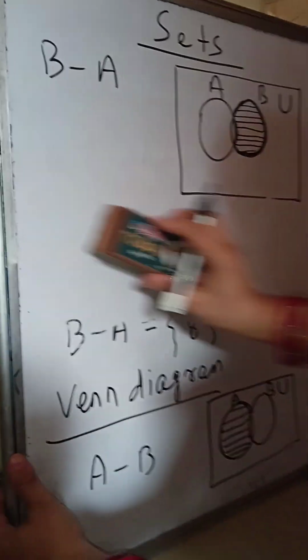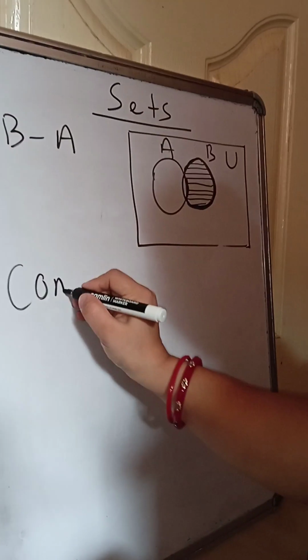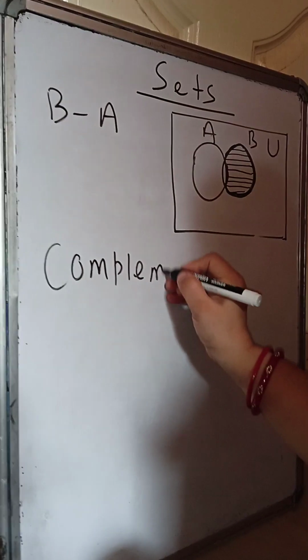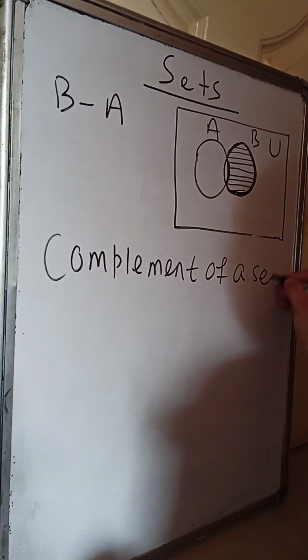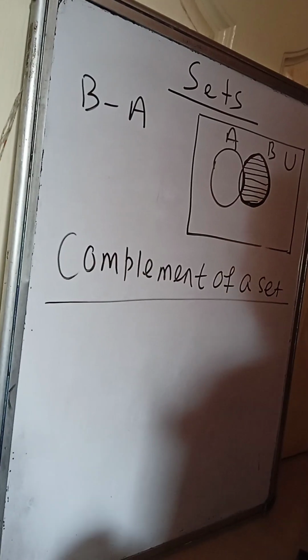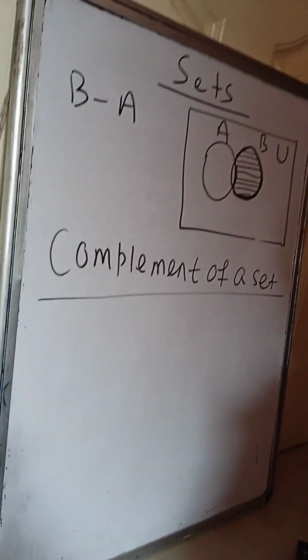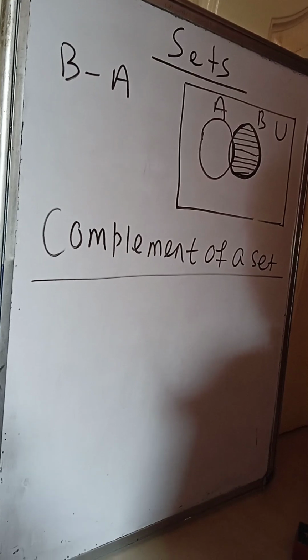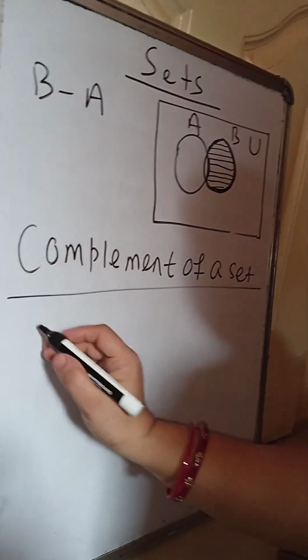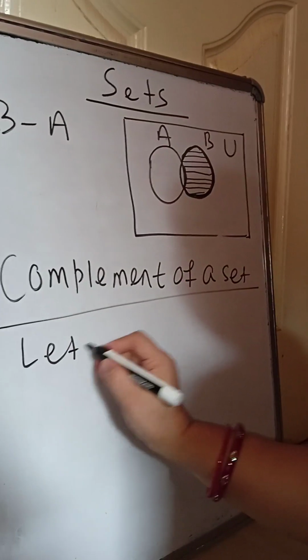Next, after the difference operation, another operation is the complement of a set. Previously we were considering two sets. We can also consider more than two sets, but when finding the complement, we will consider only one set. So for this you first have to take the universal set.